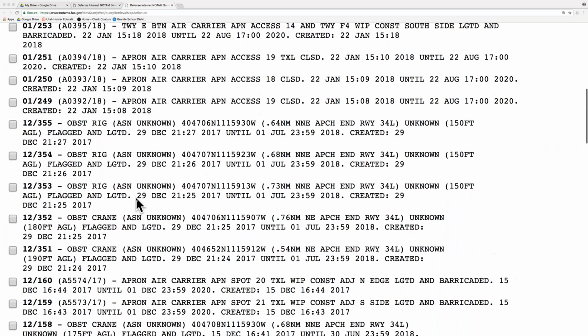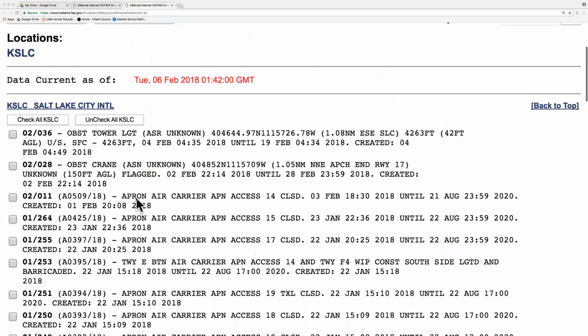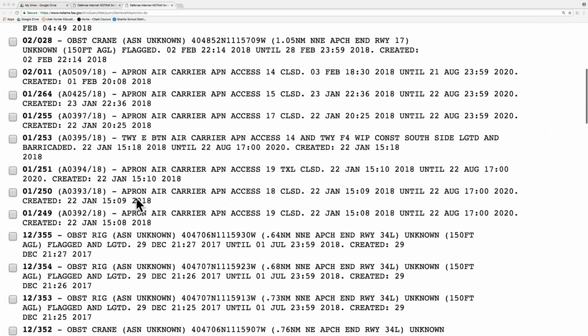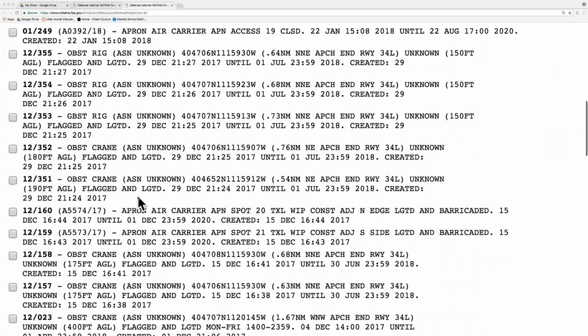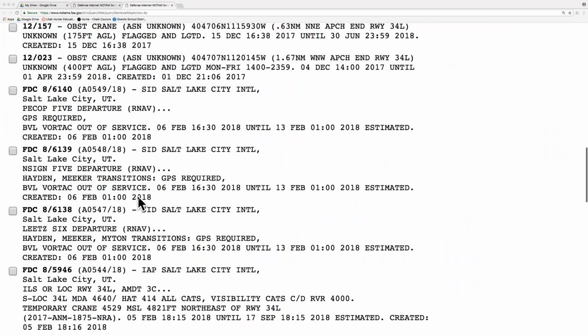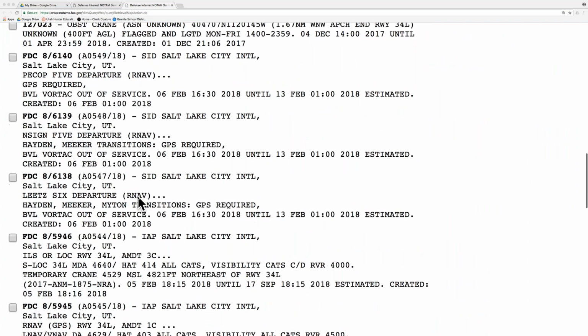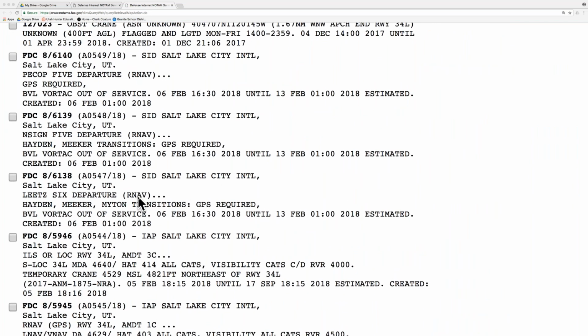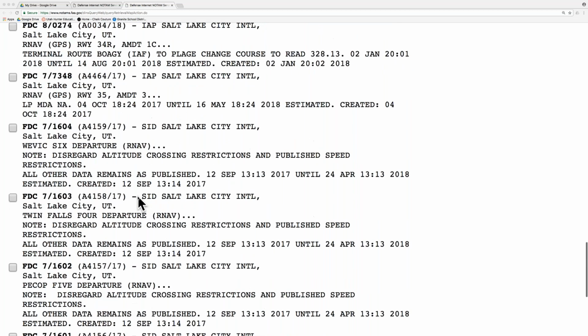It's basically the things that are happening in the vicinity of the airport or around the airport that affect us pilots. So what is an FDC NOTAM specifically talking about? Changes or irregularities to your instrument procedures, like your SIDs and STARs and ILS.